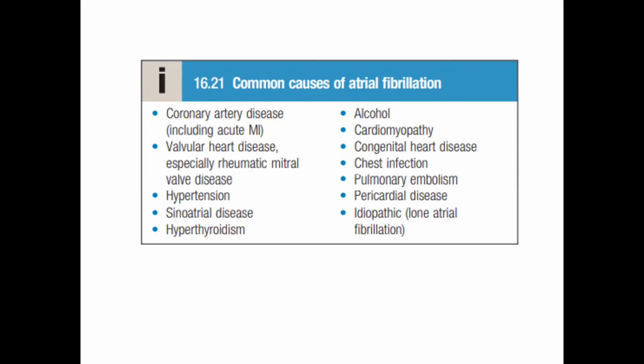In hyperthyroidism, there will be increased heartbeat, tachycardia, so hyperthyroidism also leads to atrial fibrillation. Alcohol, cardiomyopathy, congenital heart disease, chest infection, pulmonary embolism, pericardial disease. So these are the common causes of atrial fibrillation. And the most important thing is coronary artery disease, including acute MI.